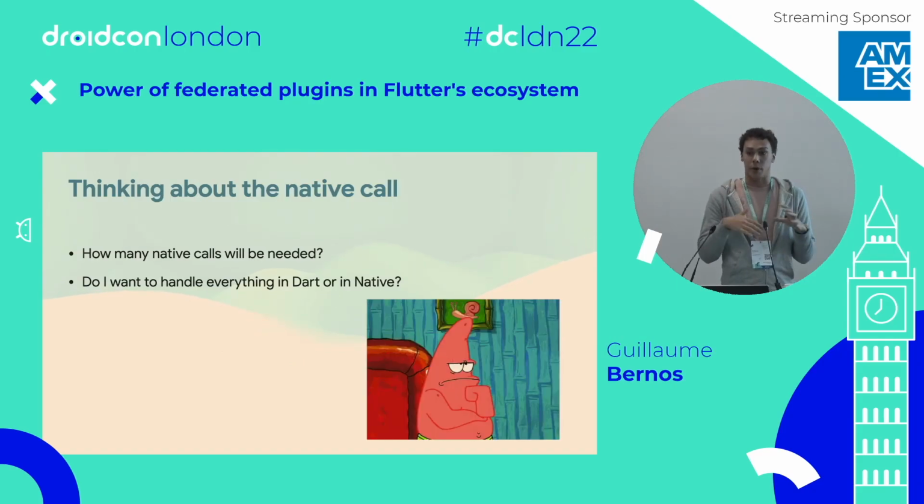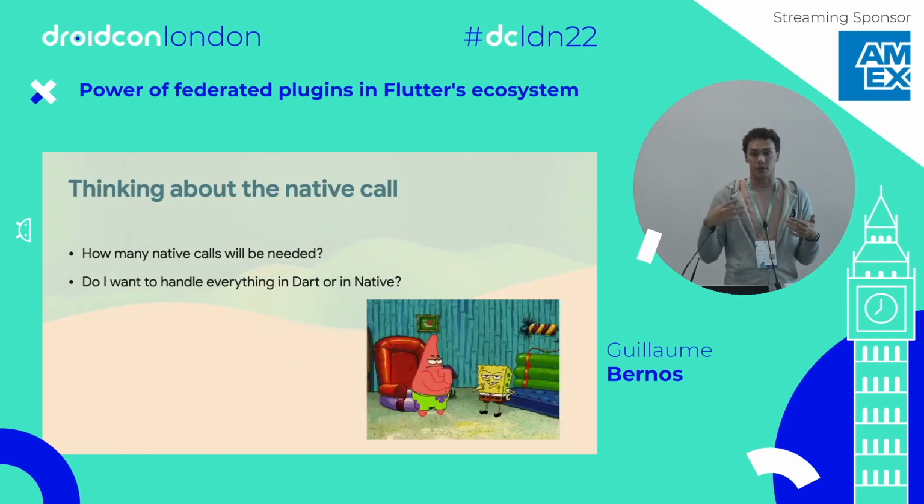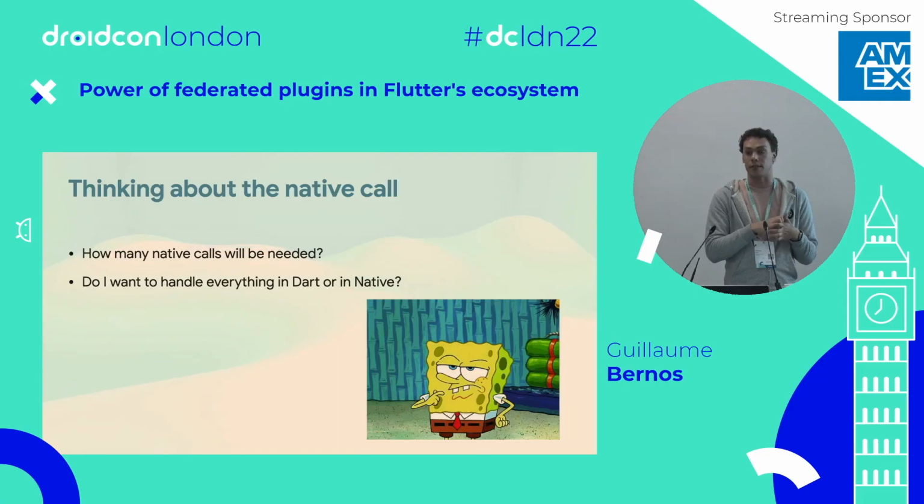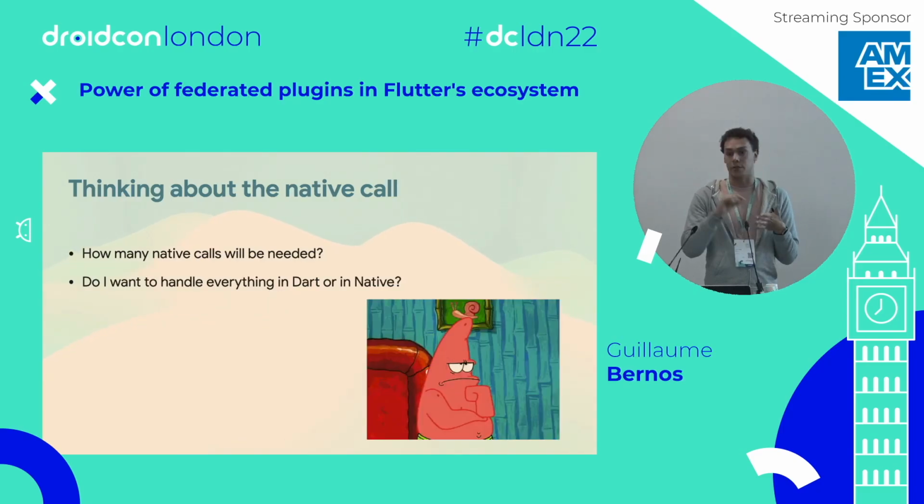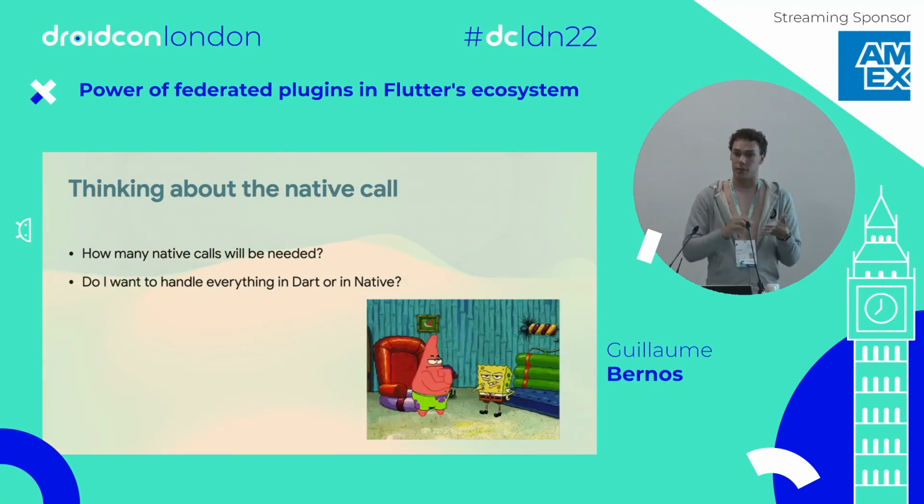What you can do is separate multiple native calls and put all the logic in your Dart code, which means, for instance, for getting location, the user will just do get location, but the platform interface will maybe call a first time, has the user permission, get the result back in Dart, check what I have to do depending on this result, then call another thing to native, and get the result back.